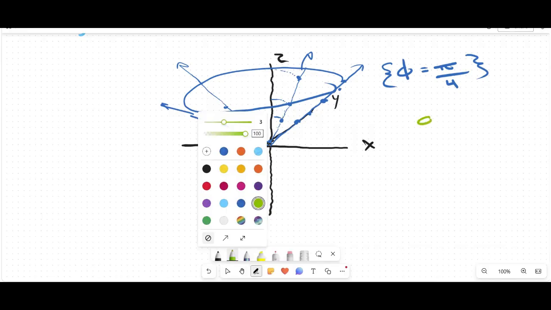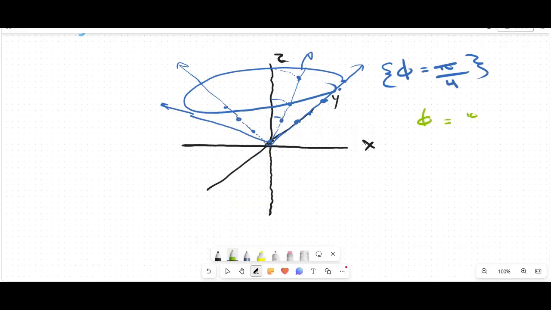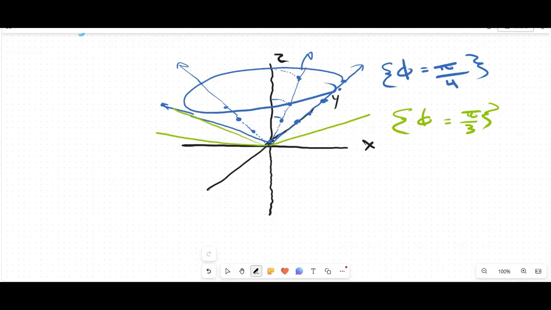How about let's make it bigger. Phi equals pi over 3. Well, that's the same as a 60-degree angle to the z-axis. So the cone is more open. Maybe like this, maybe like this.